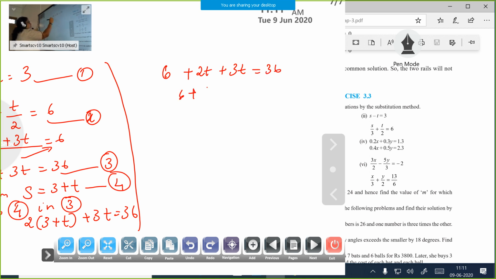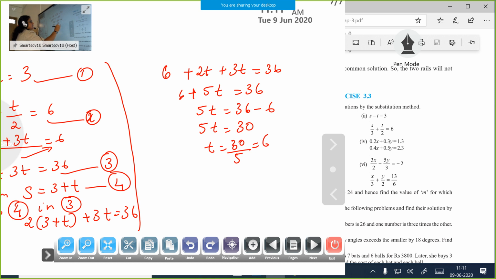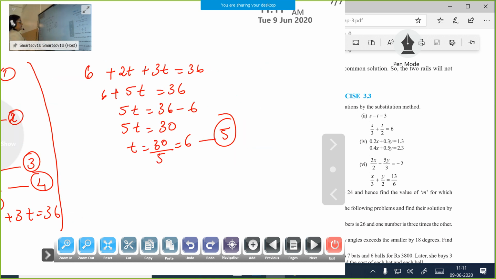That is 6 plus 5t is equal to 36. That is 5t is equal to 36 minus 6, 5t is equal to 30, and t is equal to 30 divided by 5, that is 6. Equation number 5. Clear? t is equal to 6.